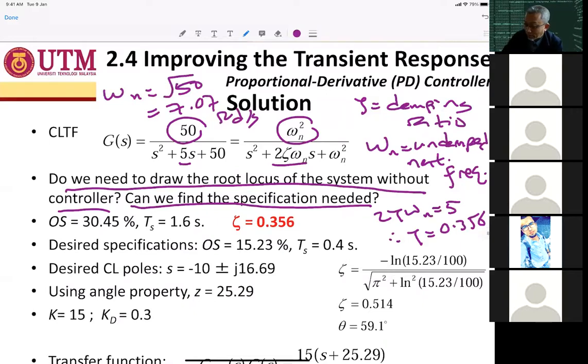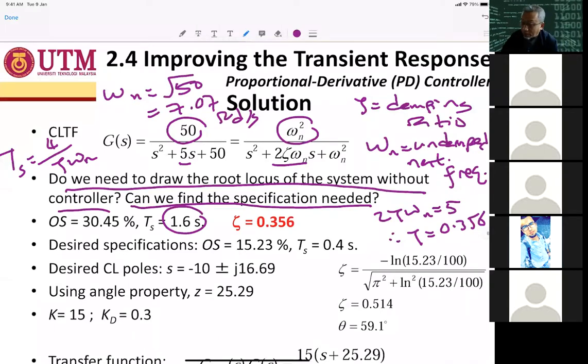So from there you can use straight away the formula of Ts, which is 4 divided by zeta omega n. So you will get 1.6 seconds, and then the overshoot is 30.45%.